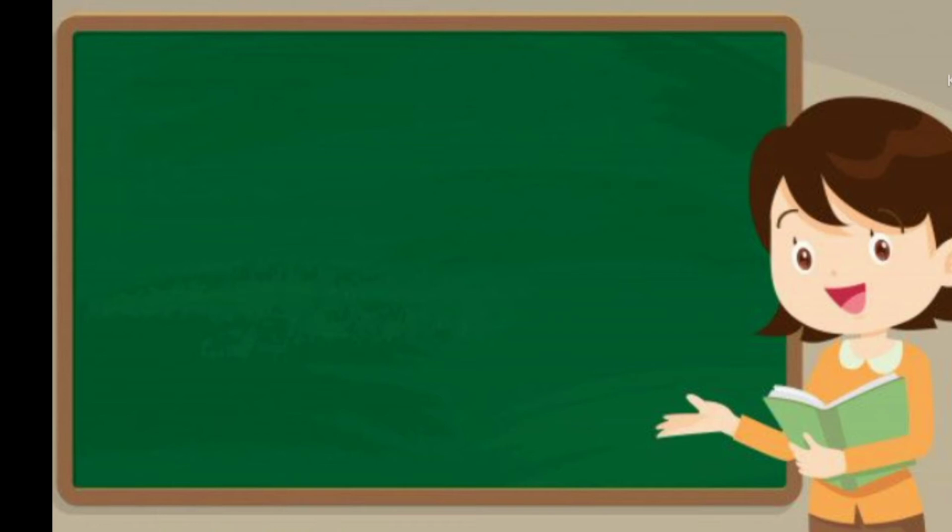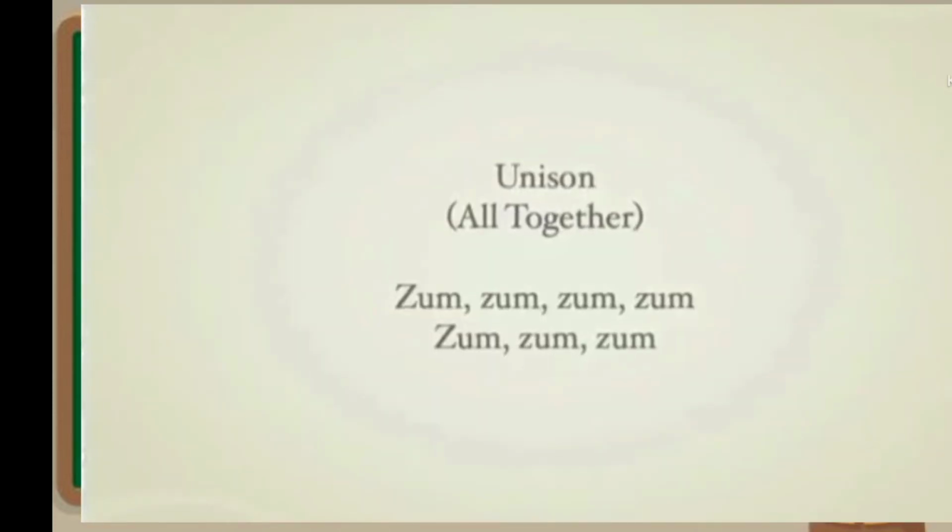Then, the second part. Zum, gali, gali, gali, zum. See, now there is a variation of the clapping. So let's sing together. I'll be providing you the lyrics on the screen. Are you ready? Okay, in 3, 2, 1.